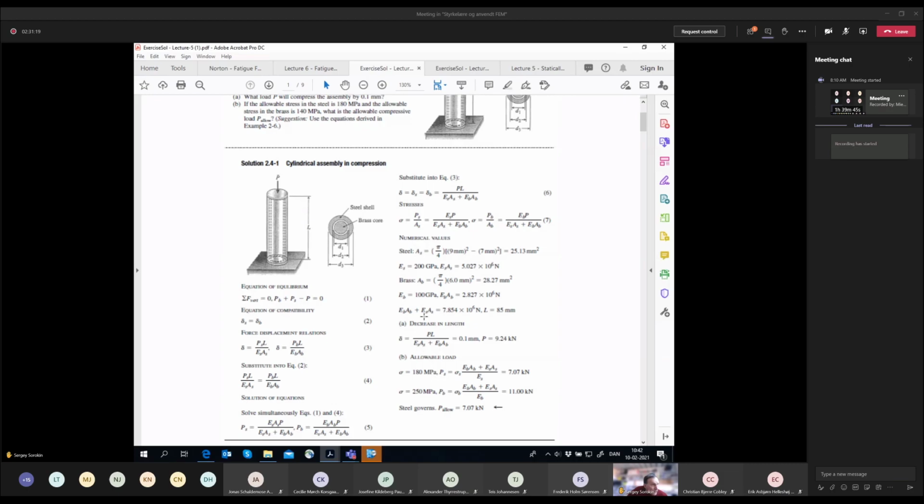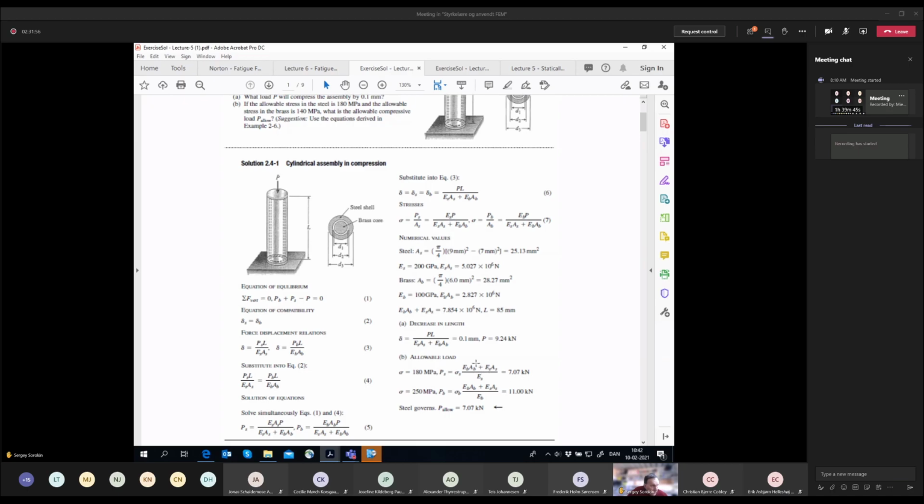So we take the first of equations 7, and then we isolate P. You can immediately see that if you substitute into this equation sigma S equals 180, then you just invert this fraction, ES plus EB divided by ES.